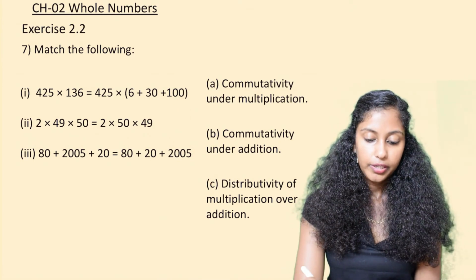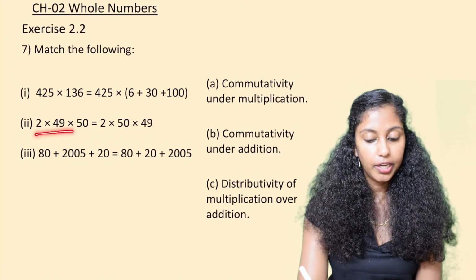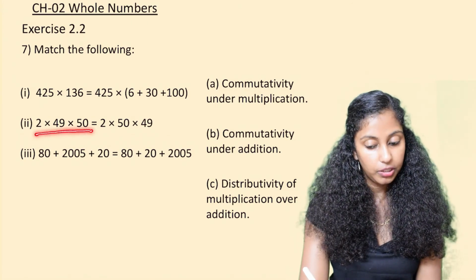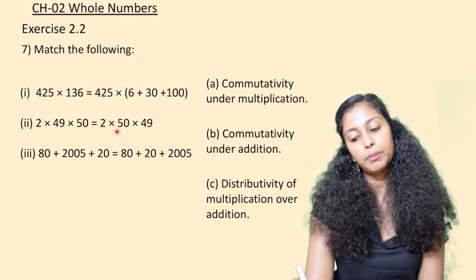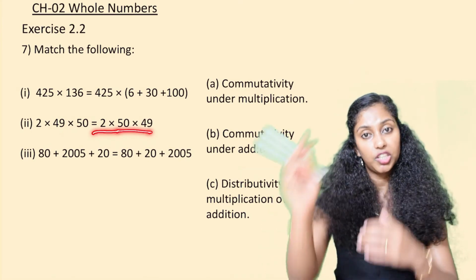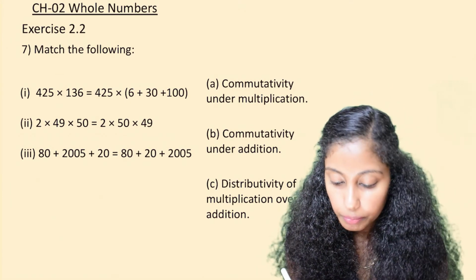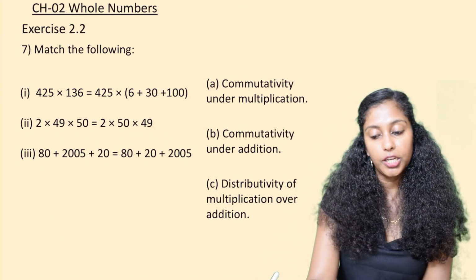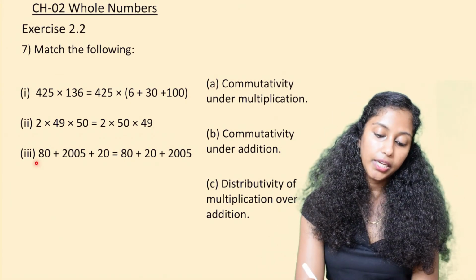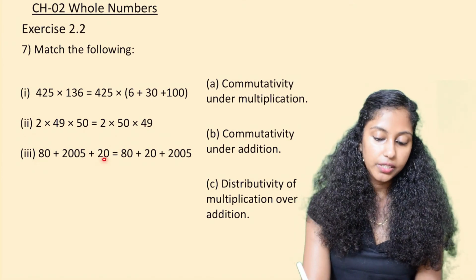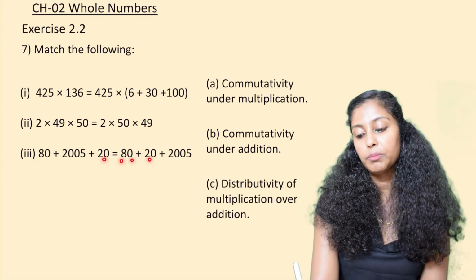Now next we have 2 multiplied by 49 multiplied by 50, all multiplication, is equal to 2 multiplied by 50 multiplied by 49. Again multiplication, but the order of numbers is changed. So this is called commutativity under multiplication. And lastly, 80 plus 2005 plus 20 is equal to 80 plus 20 plus 2005.